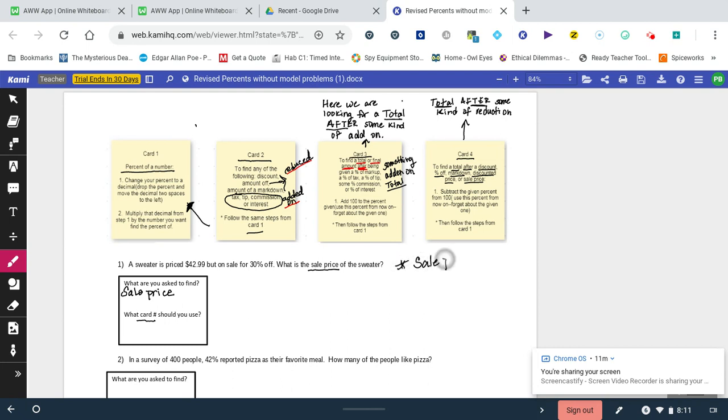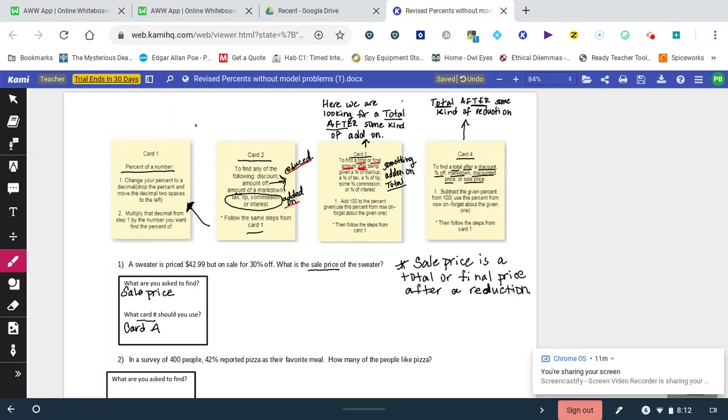A sale price is a total or final price after a reduction, which means they're reducing the price. So if it's the total or final price after a reduction, then I'm going to be using card 4.